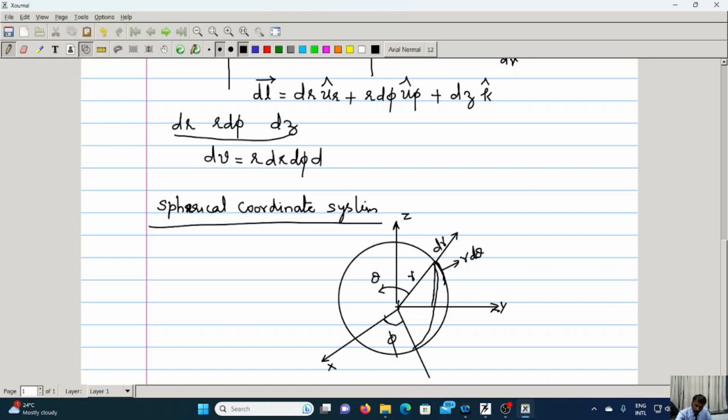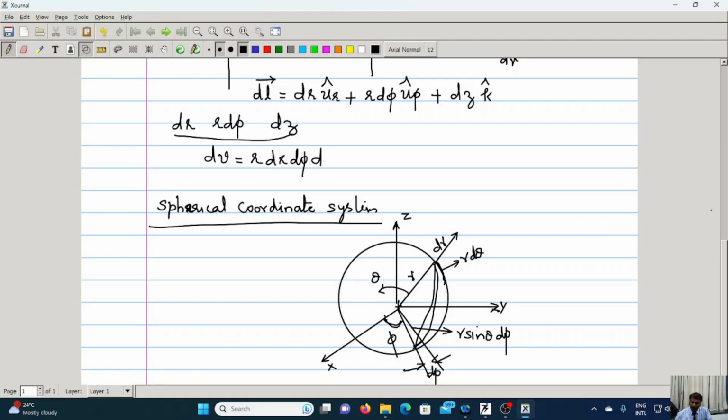Then we have this distance r, this is one slice that is cut, and this angle is phi. Therefore if I increase this phi, this will be d phi. Already we know this distance will be r into sine theta, which we derived when we explained the spherical coordinate system. So this arc length will be r into sine theta into d phi.